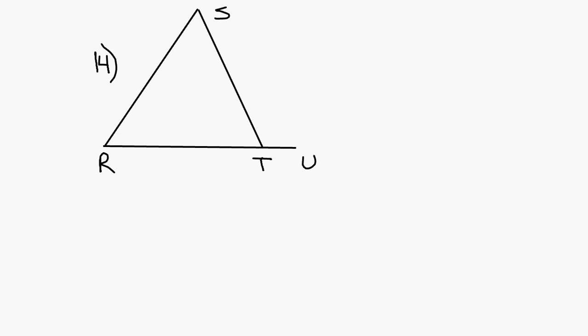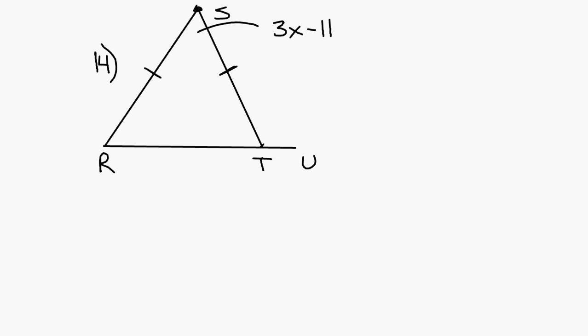Let's see. RS, this side, is equal to ST. RST is 3x minus 11. So this angle up here, R to S down to T, this angle, 3x minus 11. STU equals 8x.